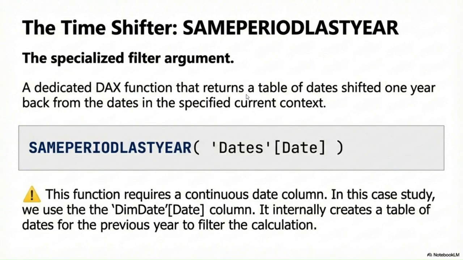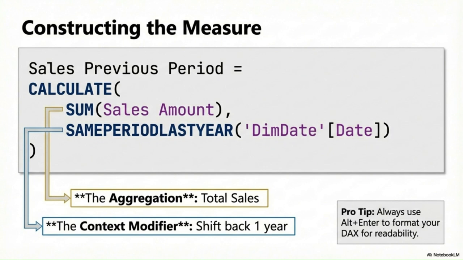Now let's understand the previous month concept. Previous month means if current month is March, then previous month is February. Power BI automatically figures this out using the date context. The DAX formula for previous month looks something like this: previous month sales, then CALCULATE total sales and then PREVIOUSMONTH, whatever the date we want.